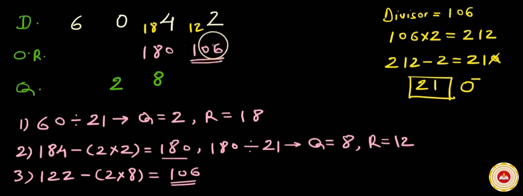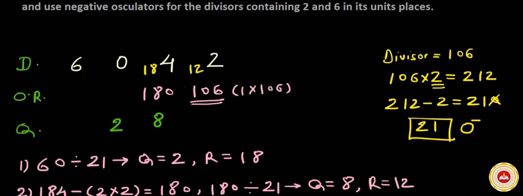Now 106, last osculation number 106 is one multiple of divisor 106. It means that this one multiple 1 is quotient. This 1 is quotient in the last part. And how do we use this quotient? We add this quotient to this quotient while calculating final answer.